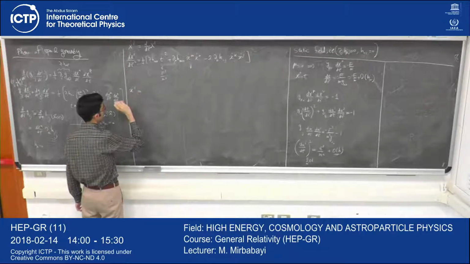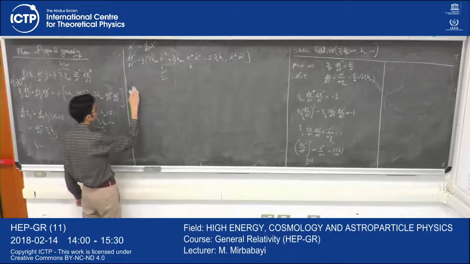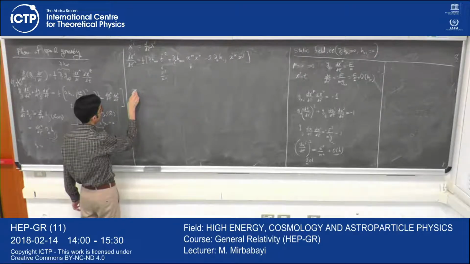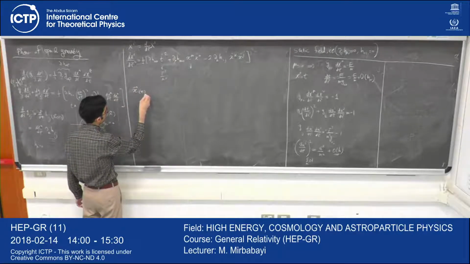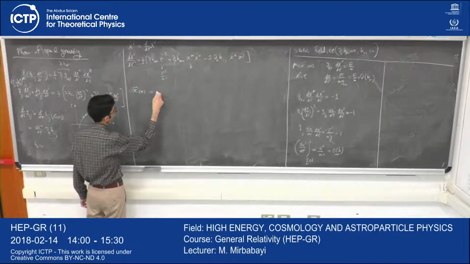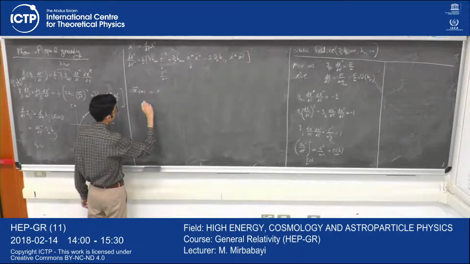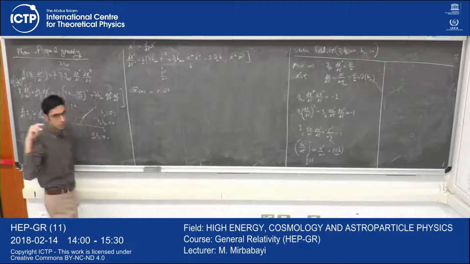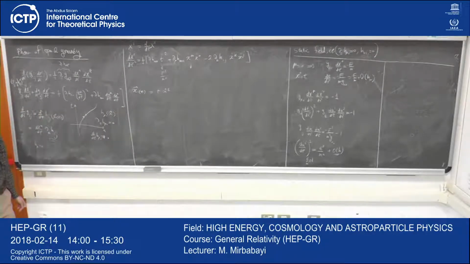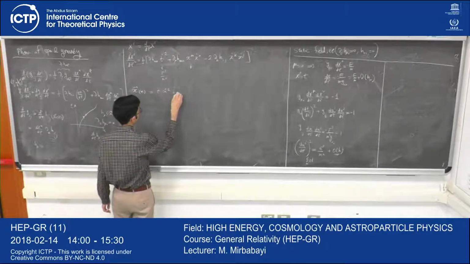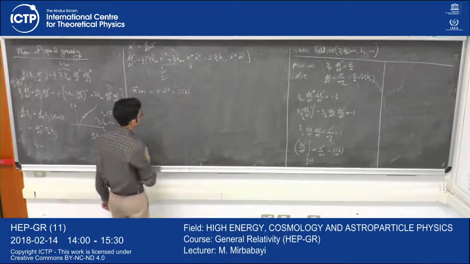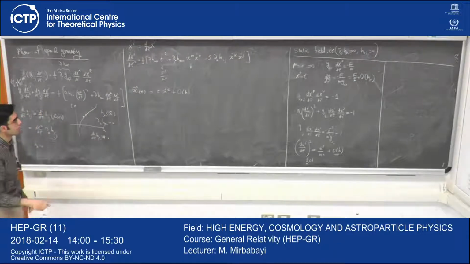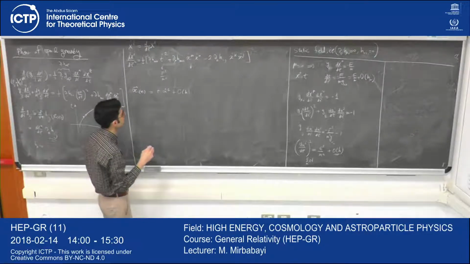If I assume that the particle is moving along the x direction, then x of t at zeroth order is going to be just t times x hat 1, if it's just moving along the x direction, plus some corrections that come from the fact that it's moving in the gravitational field, and then this expression simplifies.